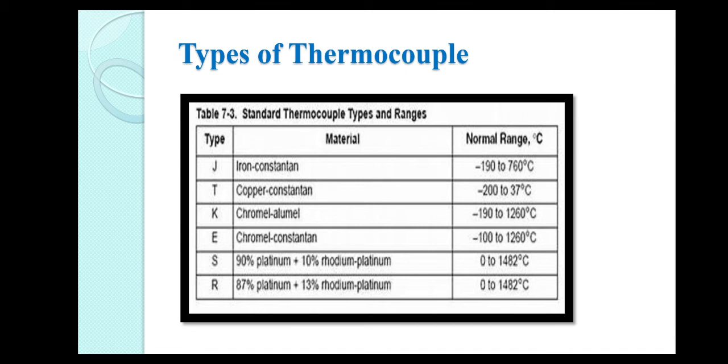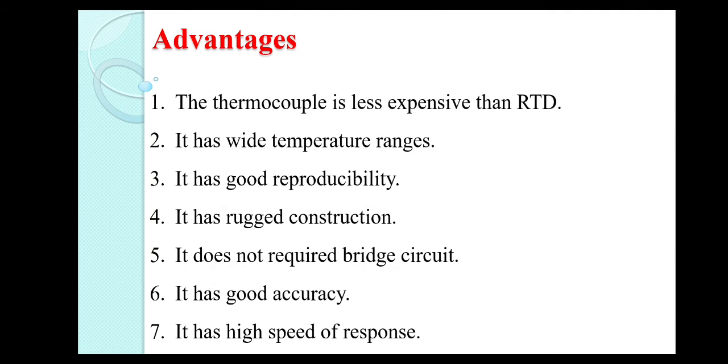Generally, the K type thermocouple is used for various applications. The K type thermocouple uses chromel and alumel, and its temperature range is minus 190 to 1260 degrees centigrade. These are the different types of thermocouple.